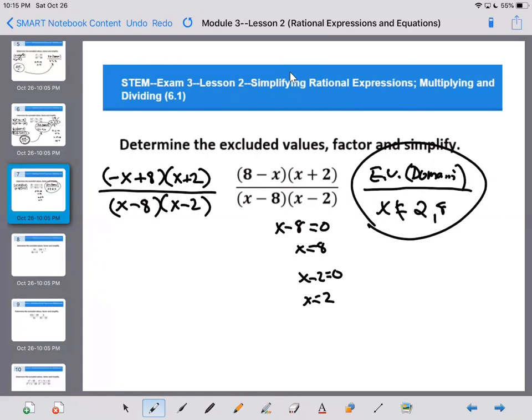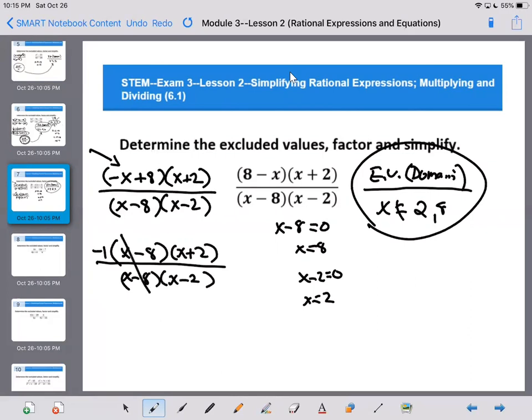But if I factor out a negative 1 from here, that's going to give me x minus 8. Negative x divided by 1 is negative 1. 8 divided by negative 1 is negative 8. Now if you look, you'll see these do divide out.